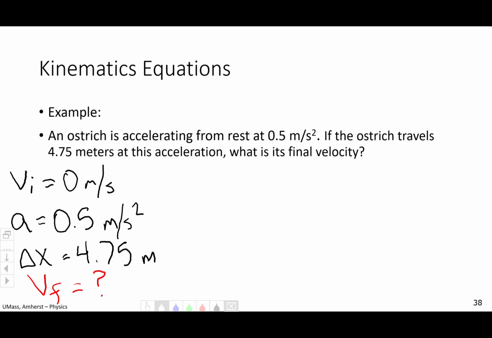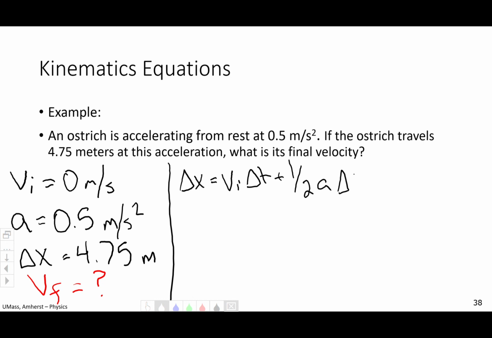That's our unknown. Let's go ahead and list some formulas. We could take the quick step and just decide that, yeah, I know which one I'm going to use. Time is not given, but let's look at them anyways, just for a quick second. Let's say we have our delta x equals Vi delta t plus 1/2 a delta t squared. Let's say we have our Vf equals Vi plus a delta t.